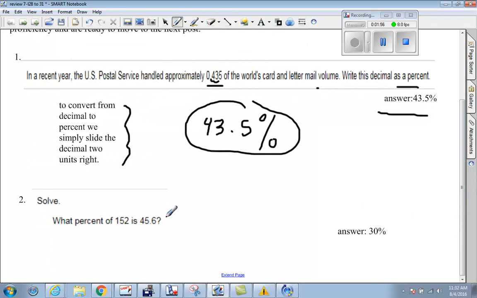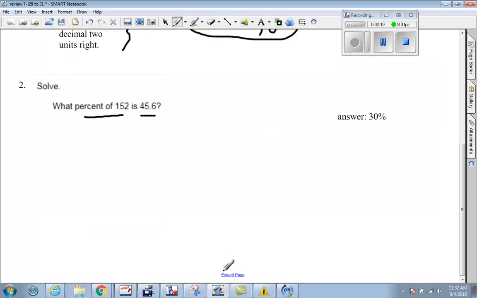Now remember, I'm assuming you've been through all the guided notes, and with this we're going to cruise through a little more speedily. So solve: what percent of 152 is 45.6? Some of us prefer to solve these problems using the is over of equals percent out of 100 method, as you saw in the guided notes.